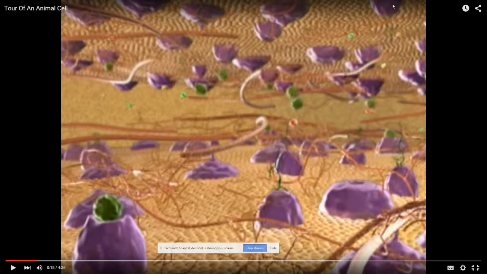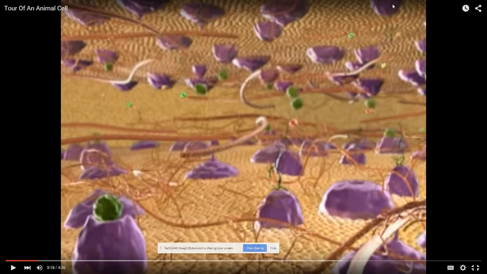Here is another cell. What we're looking at is the matrix that's outside of the cell. Cells are connected to one another, and they're connected to what's known as the extracellular matrix, the ECM. So what we're looking at here is the ECM, the carbohydrate and protein fibers that help hold these cells together, to allow these cells to communicate with one another, to identify one another, and everything.